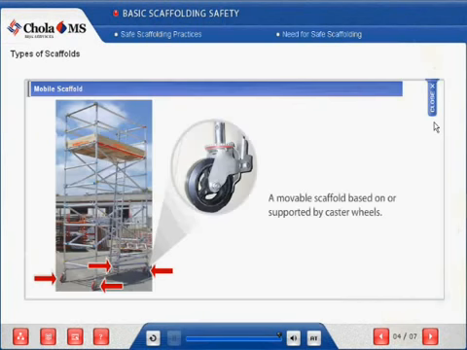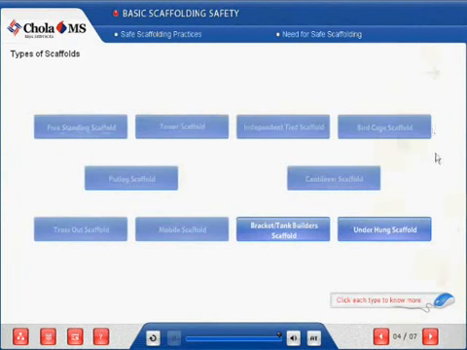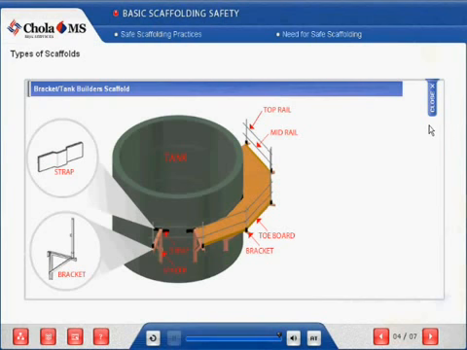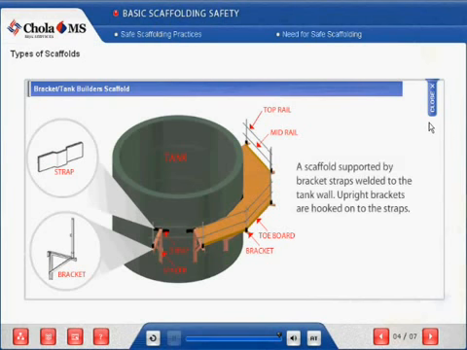Mobile scaffold is a movable scaffold based on or supported by caster wheels. Bracket or tank builder's scaffold is a scaffold supported by bracket straps welded to the tank wall. Upright brackets are hooked onto the straps.